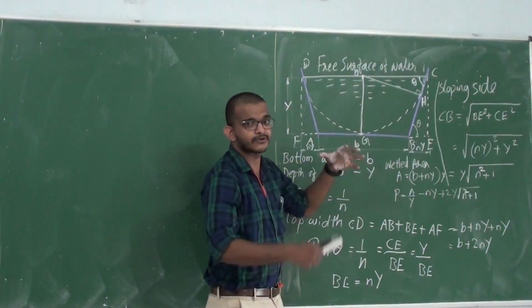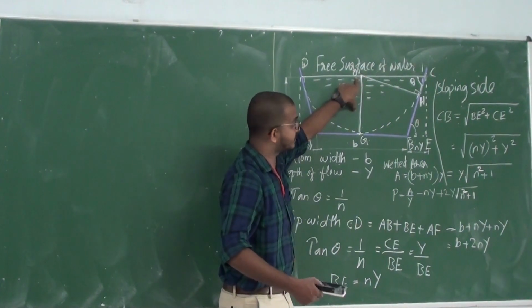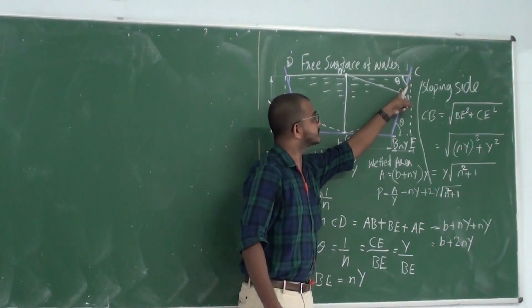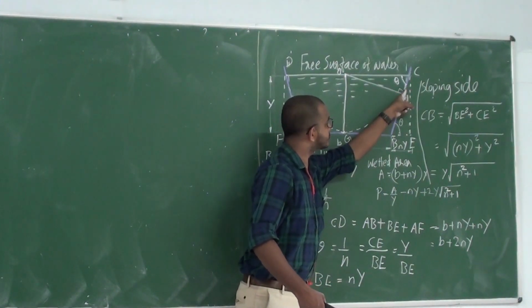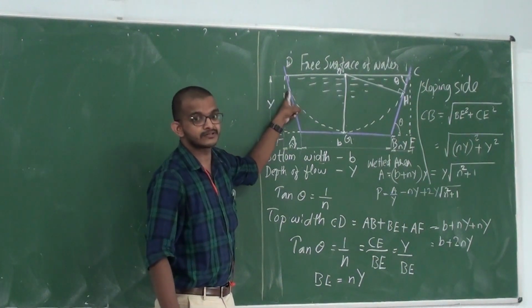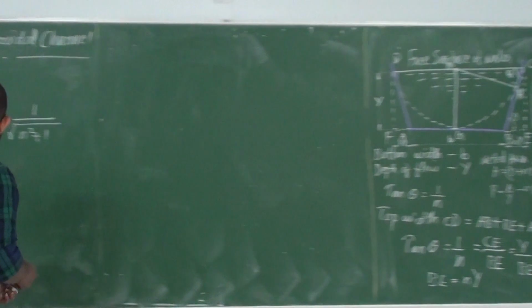That means the semicircle will touch all three sides of the trapezoid tangentially. So that is the third condition.